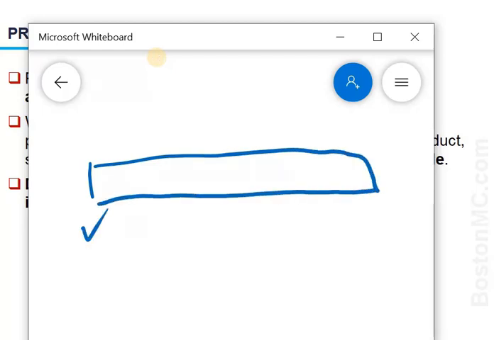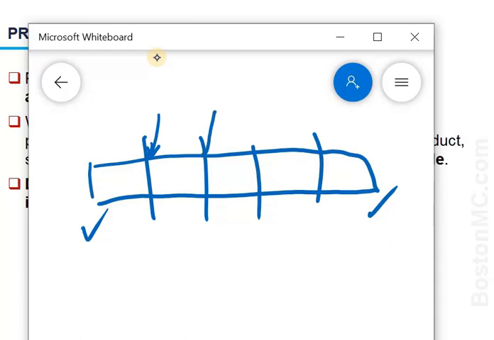So this is your beginning, this is your end, and you plan out all the phases in advance. You know exactly what you're going to be doing, and at every stage, at some point you do a stage gate review, another one here, and you make a decision or a determination to go forward with the project till the project is completed at the end.